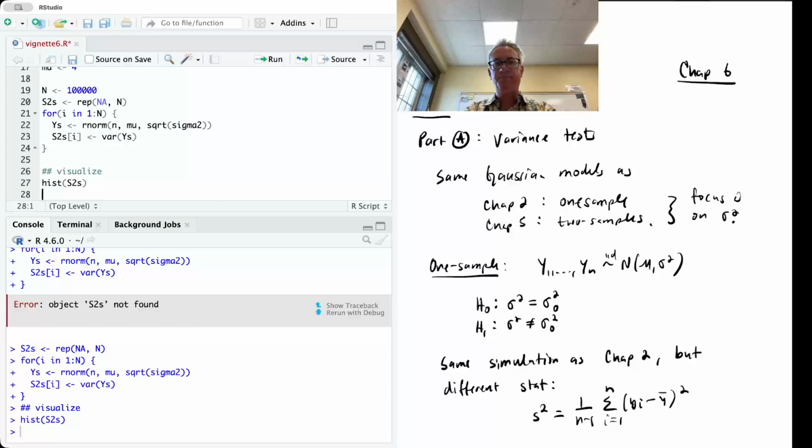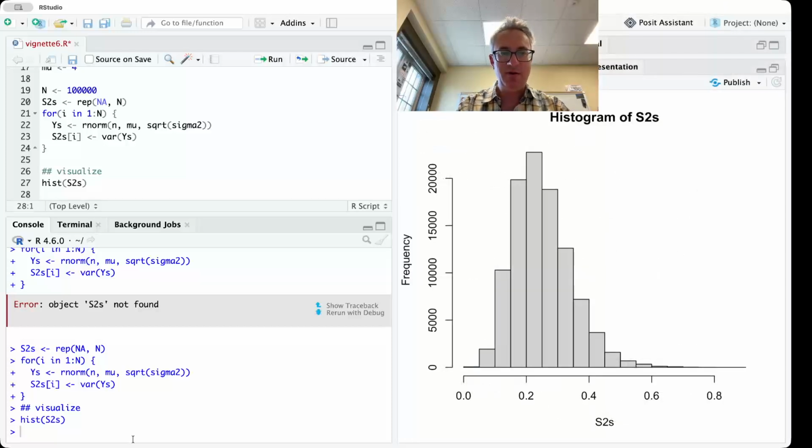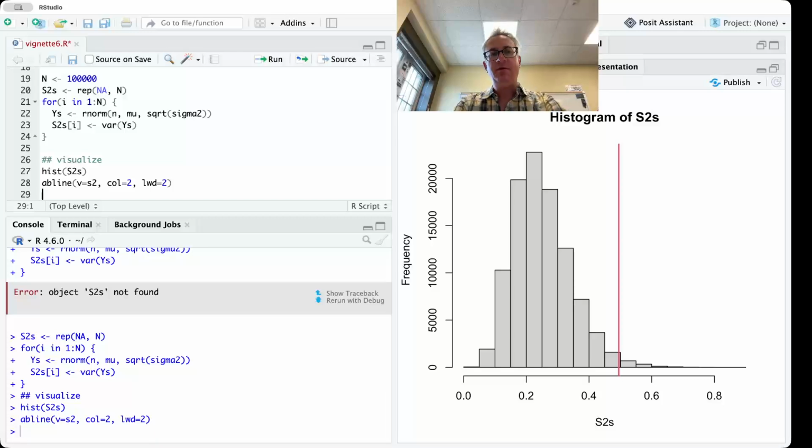Okay. I don't think you can see the plot, so let me put the plot up. So there you go, you have the plot there. And then I can put on the value of the estimated statistic from the data. And to me, this looks like a rare occurrence under the null hypothesis because the statistic is way out there in the tail.